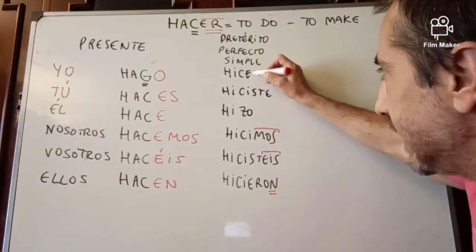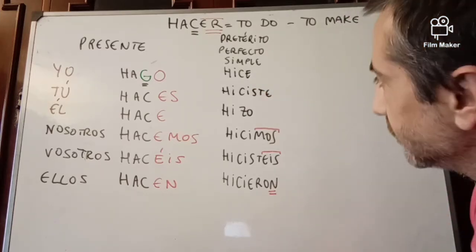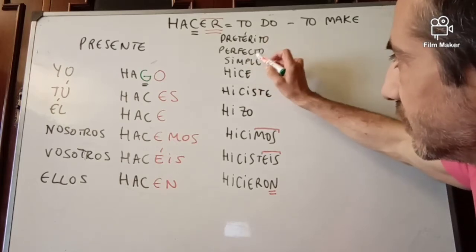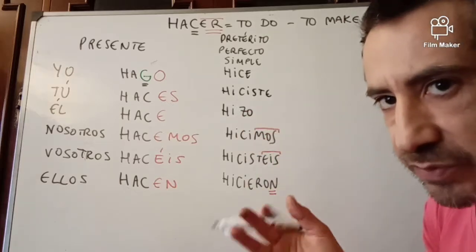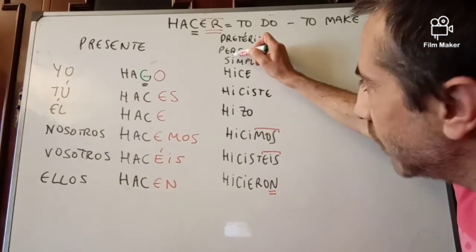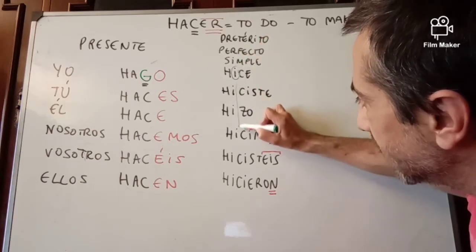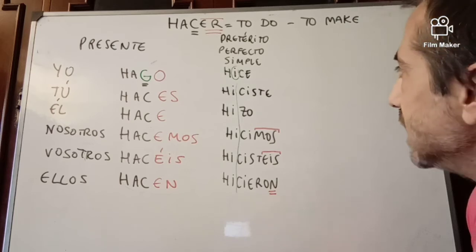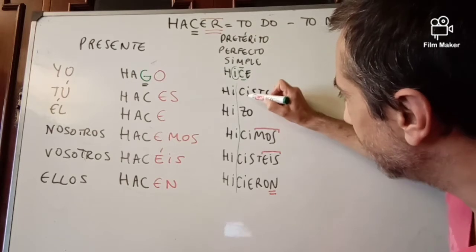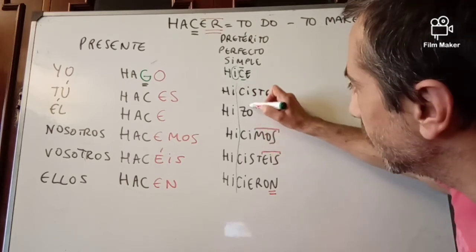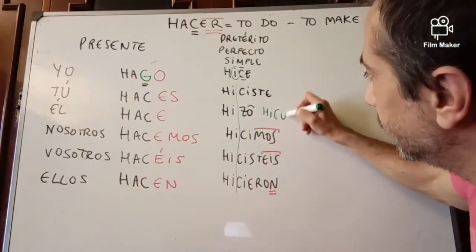Well, so in the pretérito perfecto simple, your simple past, to make it easier for you to remember, we can see that the letter E is always throughout the conjugation, and the letter C is always here, except, of course, when it's followed by an O. Otherwise, we would say ICO.